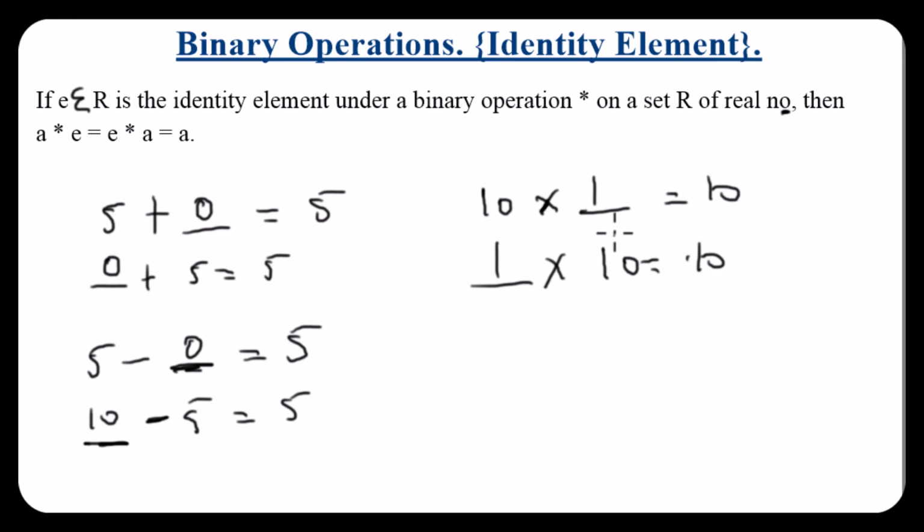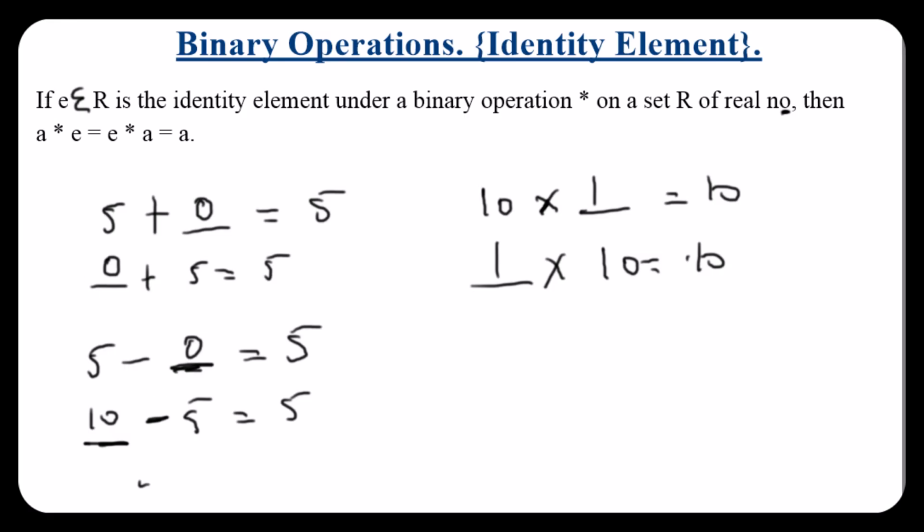So the identity element for multiplication of real numbers is 1. For that of addition, it is 0. For subtraction, most texts will tell you it has no identity element, because 5 minus 0 is not the same thing as 0 minus 5. The same thing is true for division. I hope this makes sense.